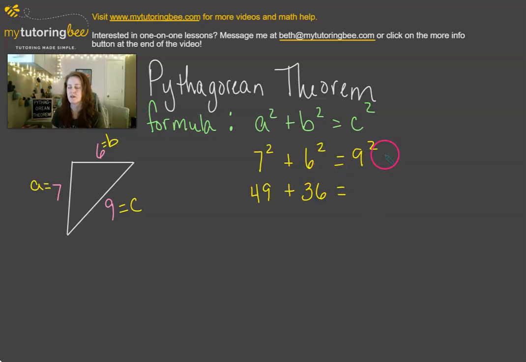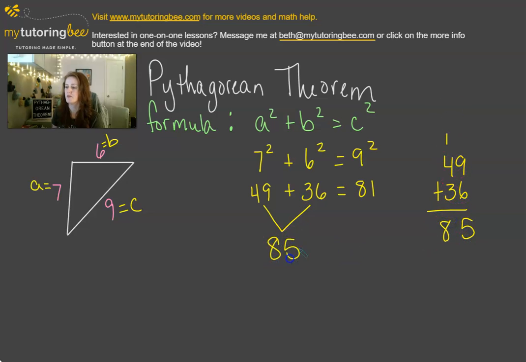And then 9 squared is 9 times 9, which is 81. All right, now let's add. What is 49 plus 36? 9 plus 6 is 15. 4 plus 1 plus 3 is 8, so we get 85. So does 85 equal 81? No, it doesn't. So this is not a right triangle.